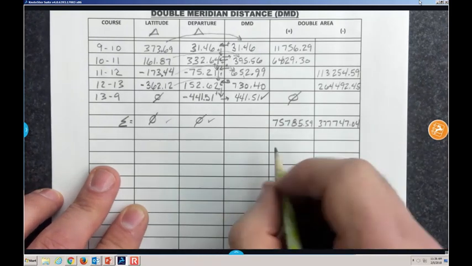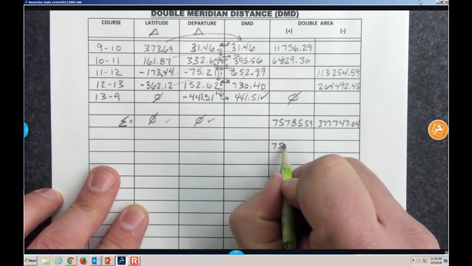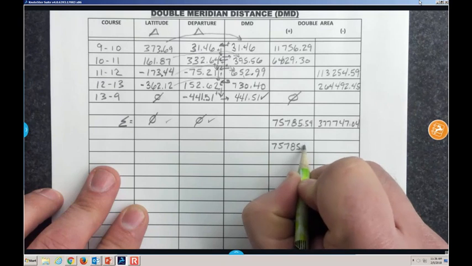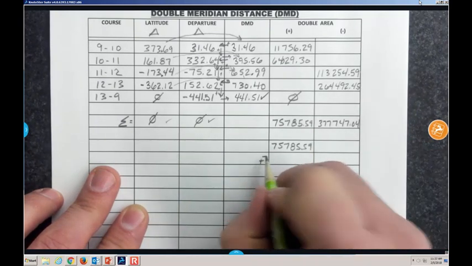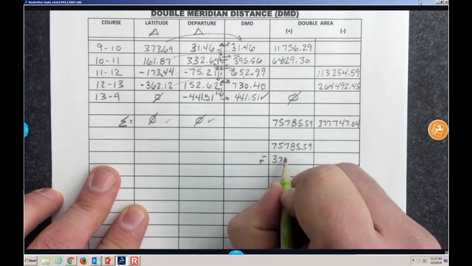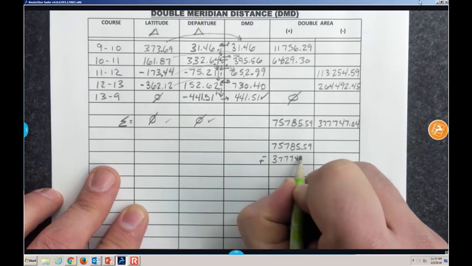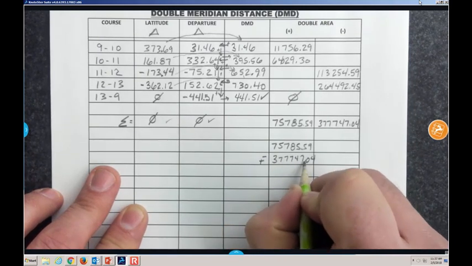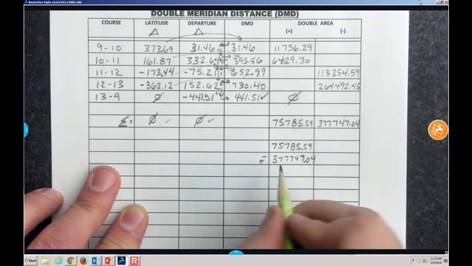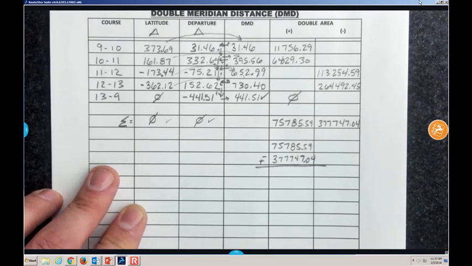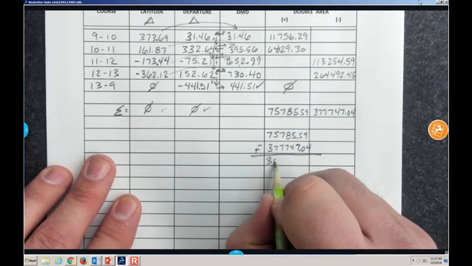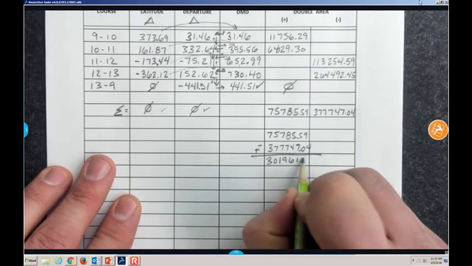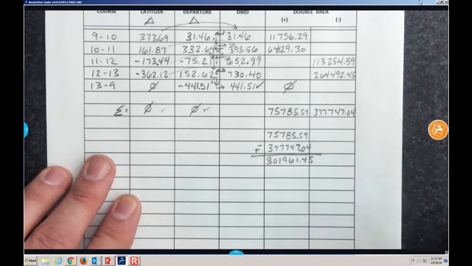Let's add those together. 75,785.59 plus the negative 377,747.04. That equals what? 301,961.45. Okay, so that's our double, right?